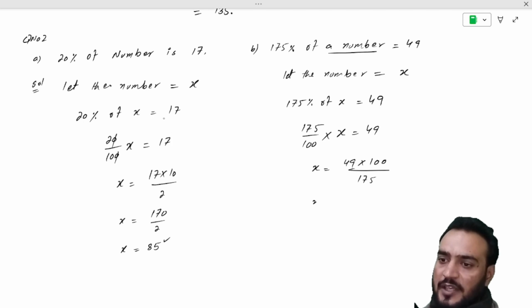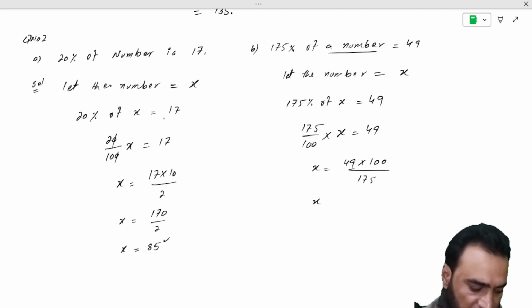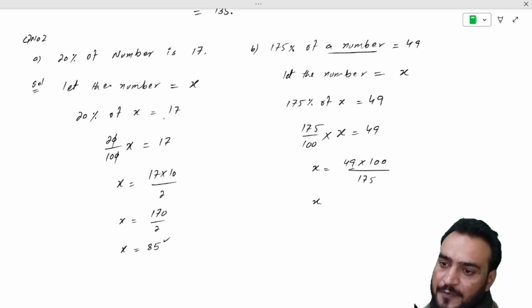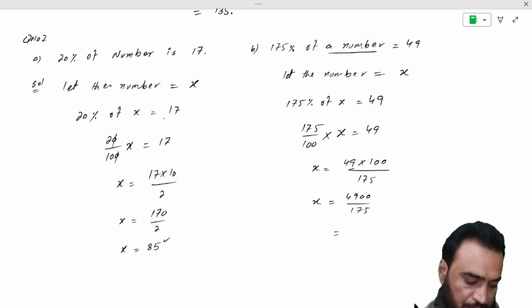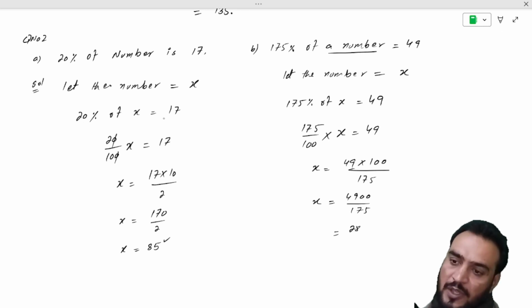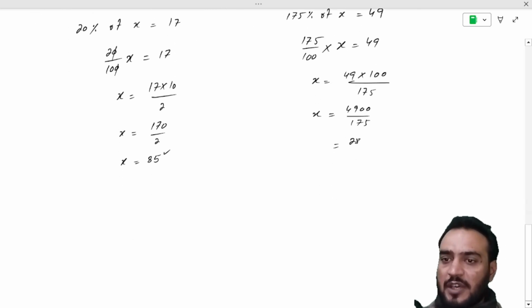So let us solve it. 49 times 100 is 4900, divided by 175, and this answer will be equal to 28. So 28 is the number whose 175% is 49. So this was the part B.